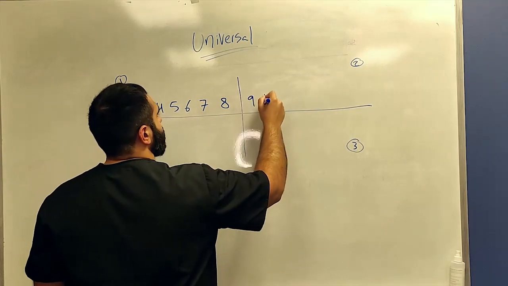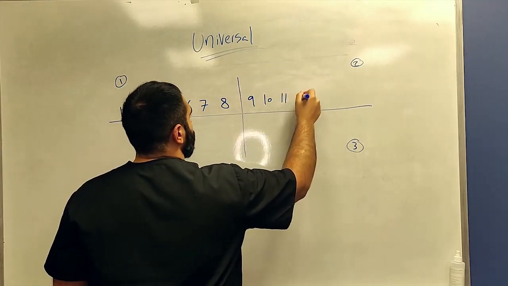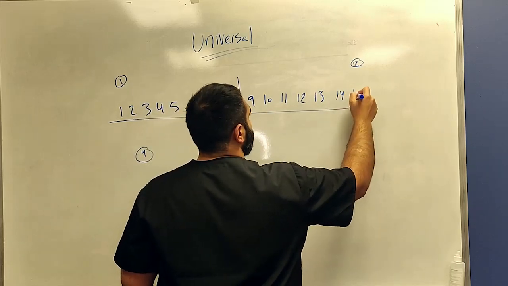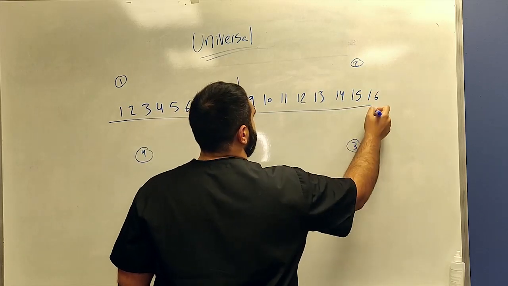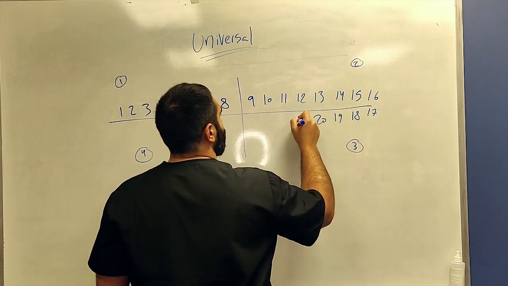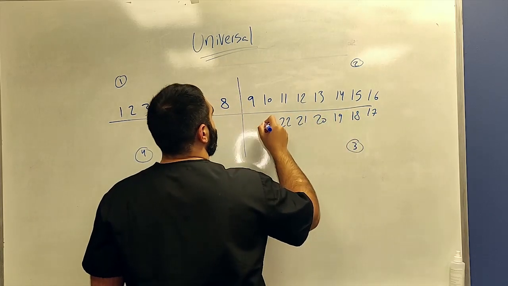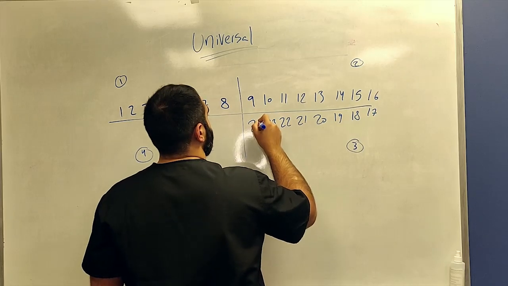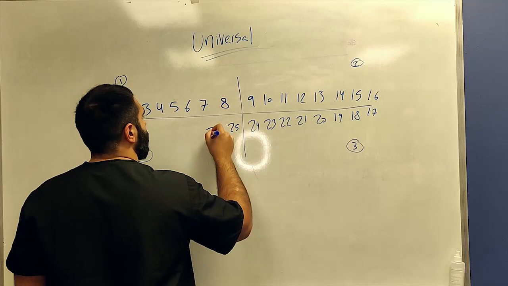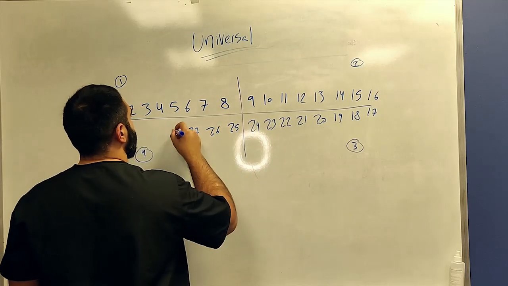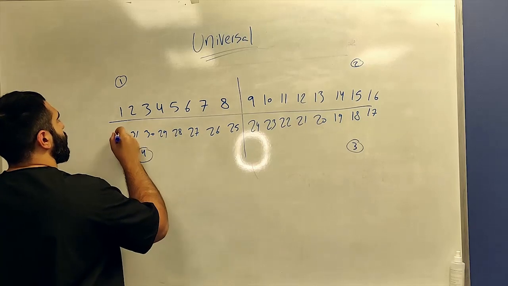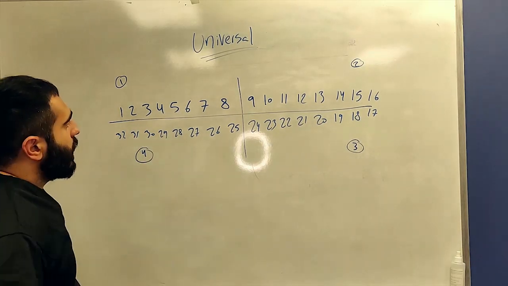So 9, 10, 11, 12, 13, 14, 15, 16, 17, 18, 19, 20, 21, 22, 23, 24, 25, 26, 27, 28, 29, 30, 31, and 32.